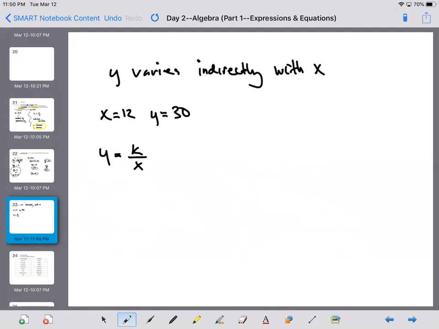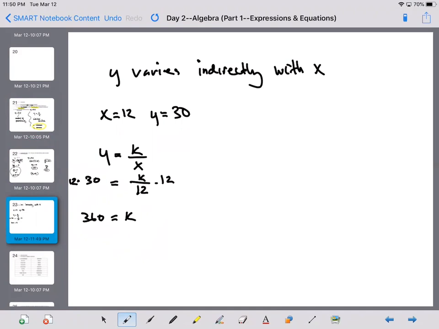And so trying to figure out what k would be in this situation. So if x is 12 and y is 30, I would multiply both sides by 12, and that would be what, 360 is equal to k.